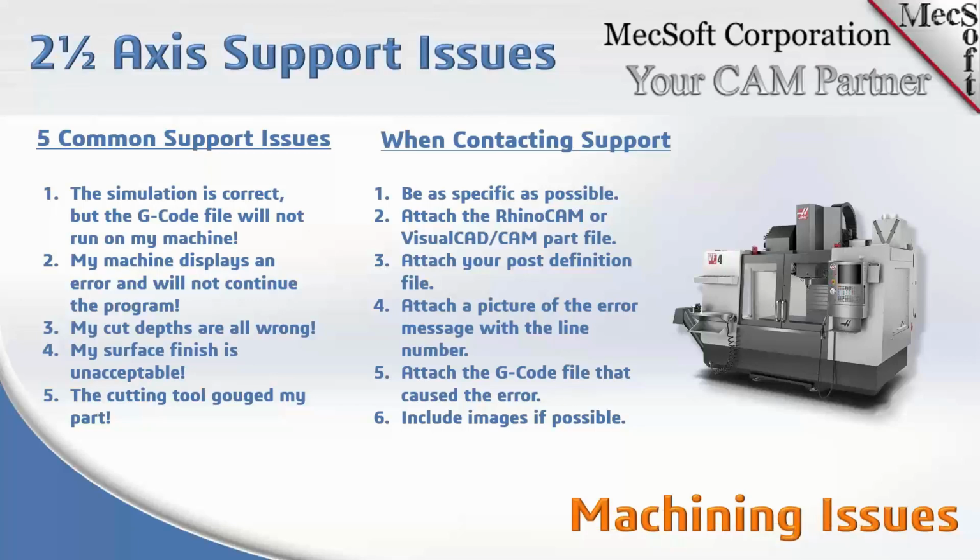Something has changed outside of the program itself that the program doesn't have control over, and that's the machine. The setup is a big area, as Joe mentioned, where problems can arise because there's manual work in the setup. So double check all of that.